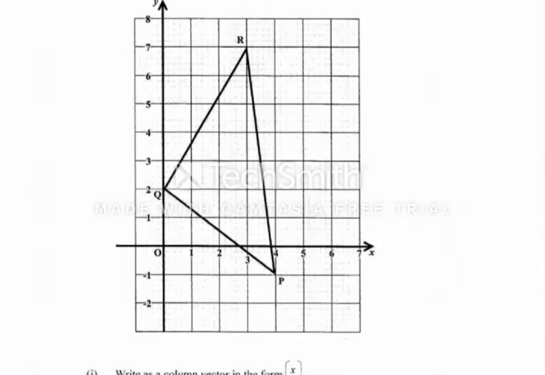This is the point P, and OP would be a position vector. A position vector is a vector that is tied to the origin. So this is the position vector OP.